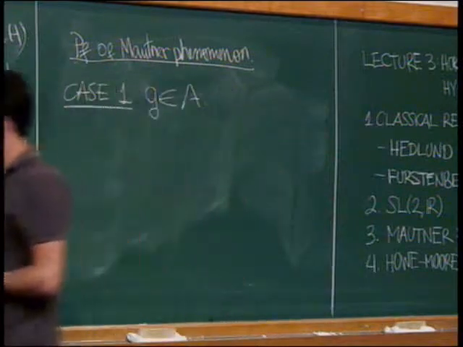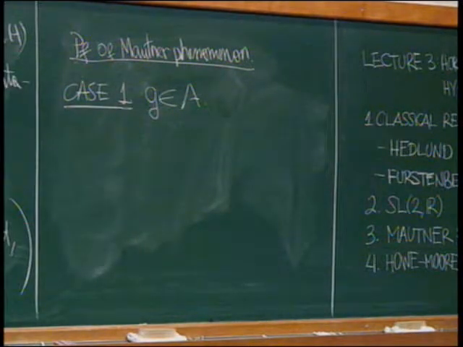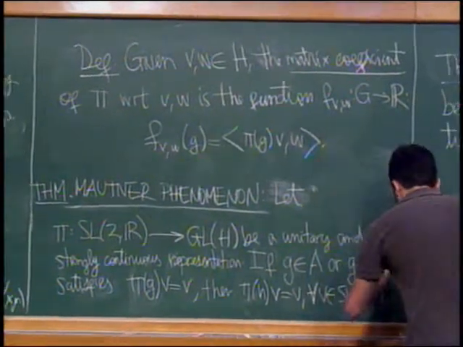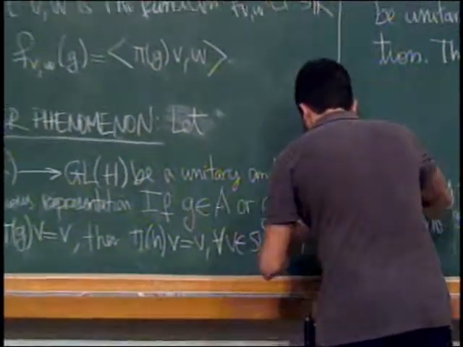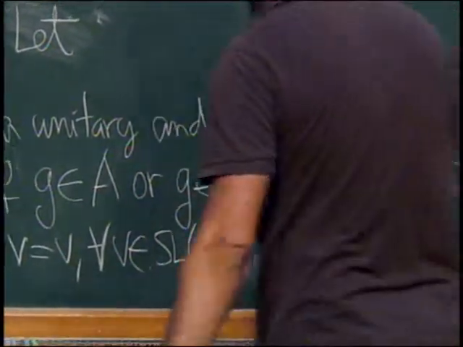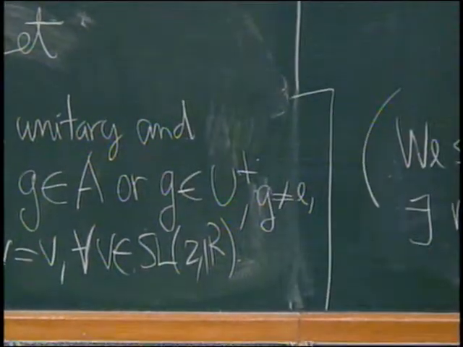I'm sorry, I had to assume actually also that g is not the identity, because if it's the identity, this happens trivially, right? So if g belongs to A or U plus and g is different from the identity, satisfies this, then that happens.